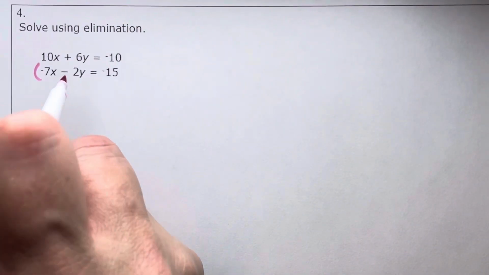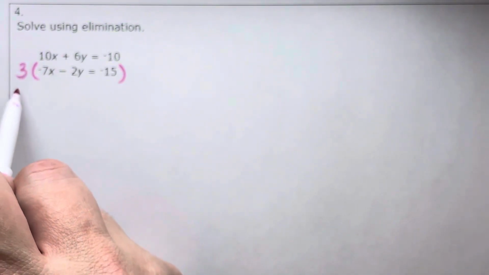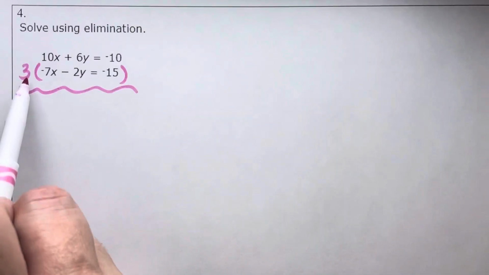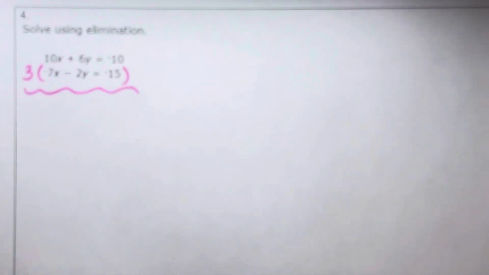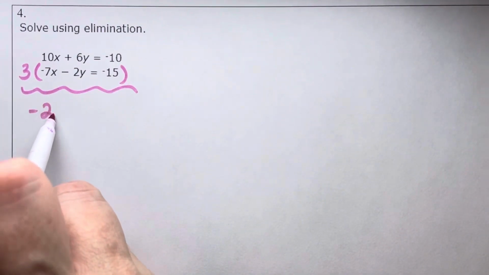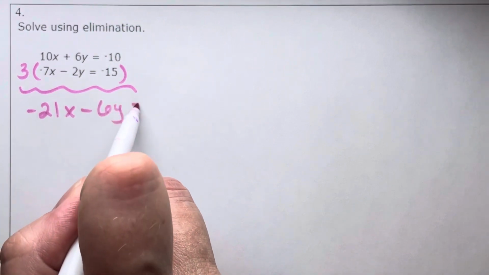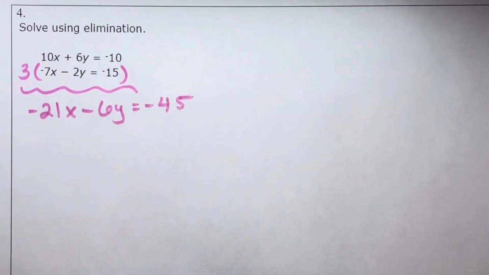Let's multiply our bottom equation by a positive 3. What does that give us? And remember, you distribute all the way through the entire equation. That gives us negative 21x minus 6y equals negative 45.